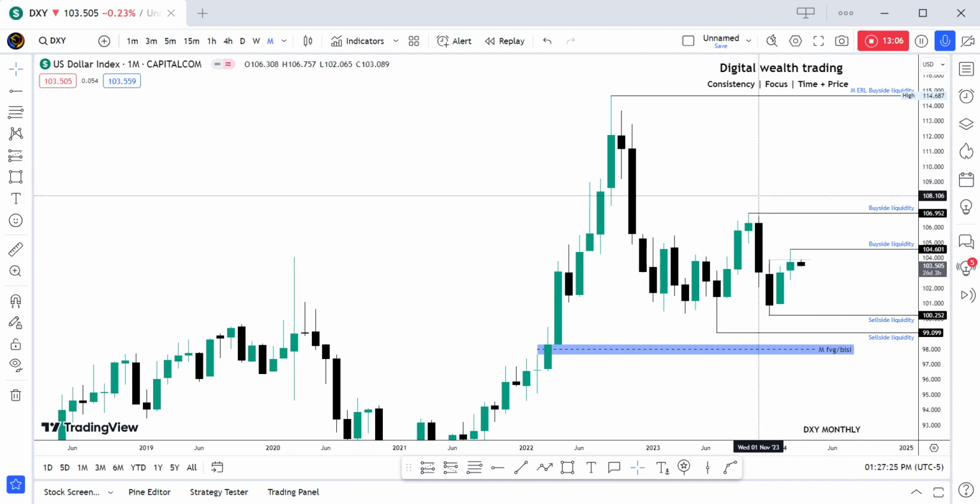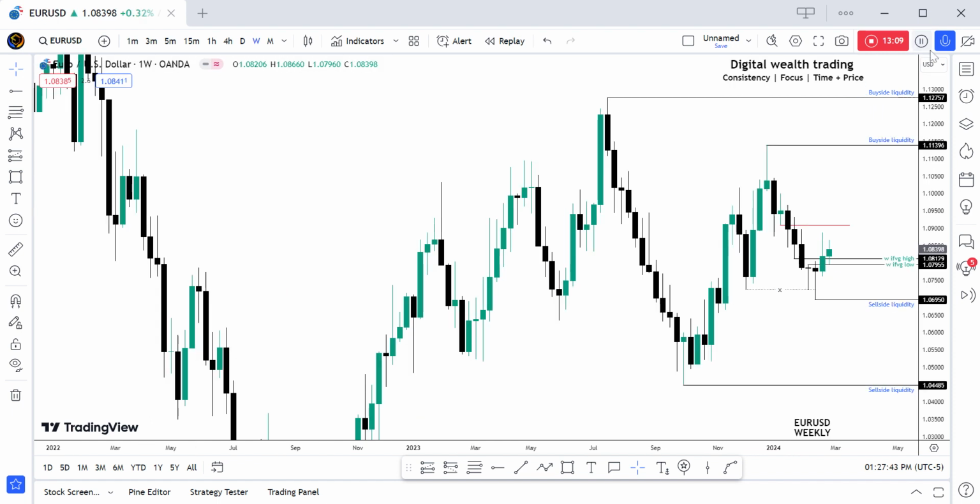So let's go to the Euro US dollar weekly contract. This is the weekly contract for Euro US dollar, and the Euro US dollar weekly contract respected the weekly inversion fair value gap formed in January 2024, and euro closed above the inversion fair value gap high, which is also an insider weekly back candle. What I mean is that this candle is an insider weekly back candle, and we closed above the inversion fair value gap, which is this weekly inversion fair value gap.